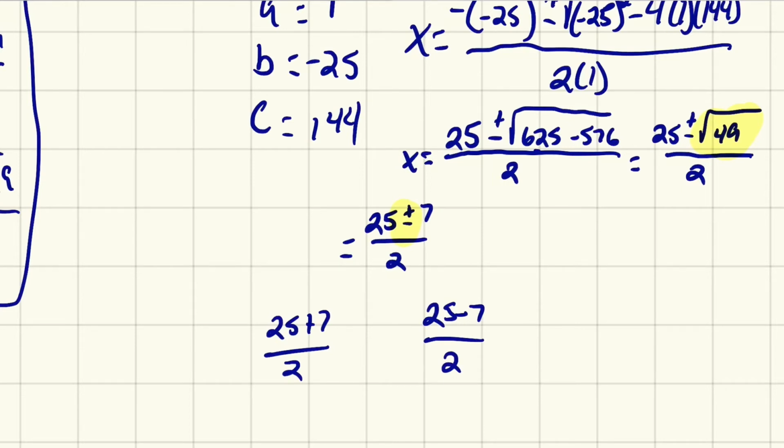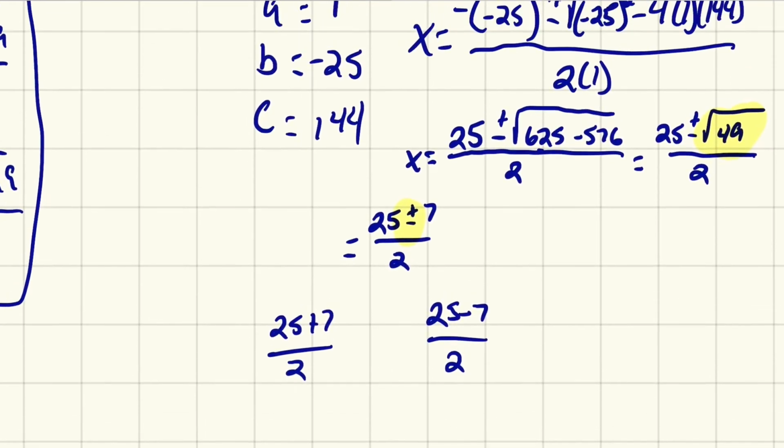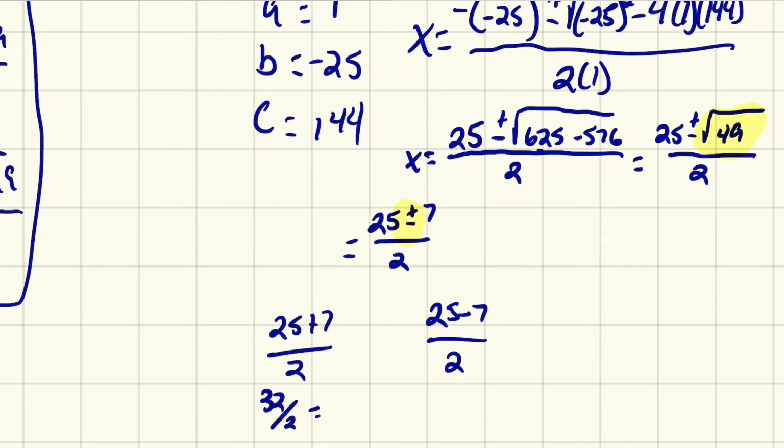Well, 25 plus 7 divided by 2 ends up being 32 divided by 2, which is 16. And 25 minus 7 is 18 over 2, which ends up being 9.